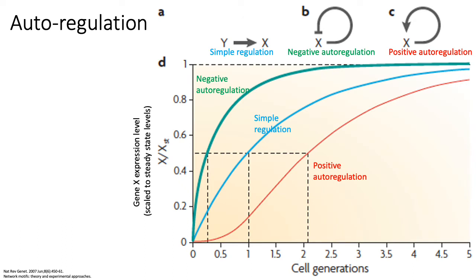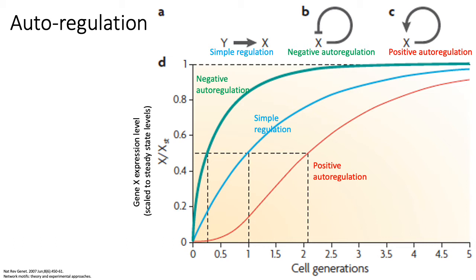And so delving into the role of autoregulation for a moment, shown at the top in parts A, B, and C are 3 different ways in which regulation can happen. Either gene Y can directly influence gene X's expression in what's known as a simple regulation edge. You can have negative autoregulation where X negatively influences the expression of itself.